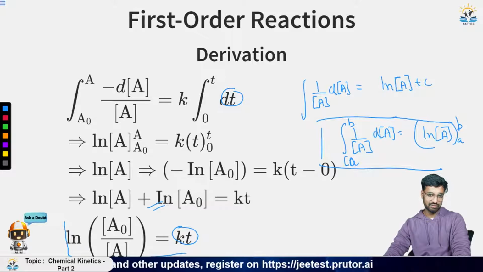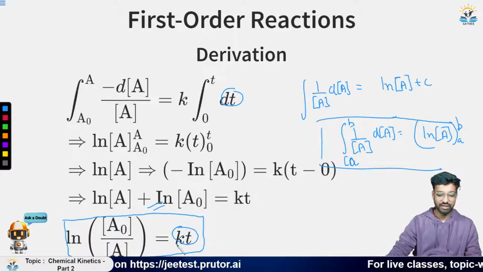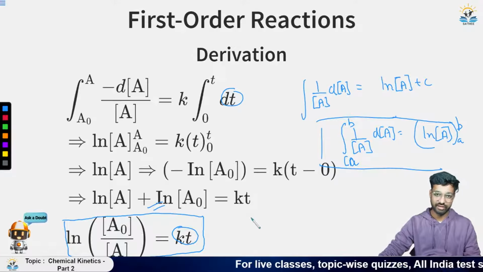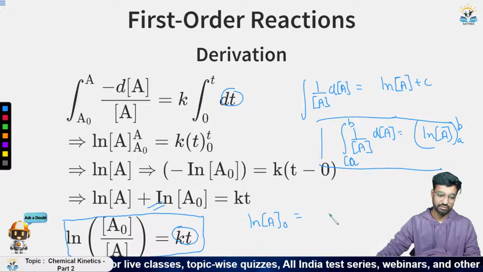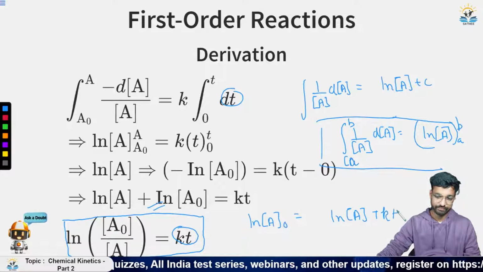So this is our final integrated rate law for the first order. Or you can again rearrange it and write it as ln a naught equals ln a plus kt.